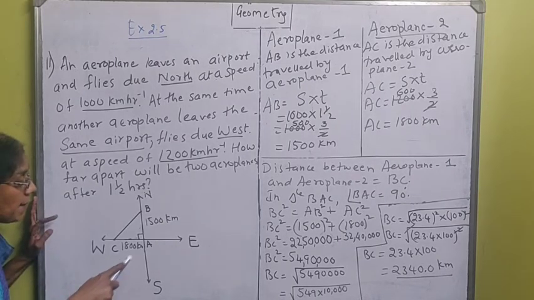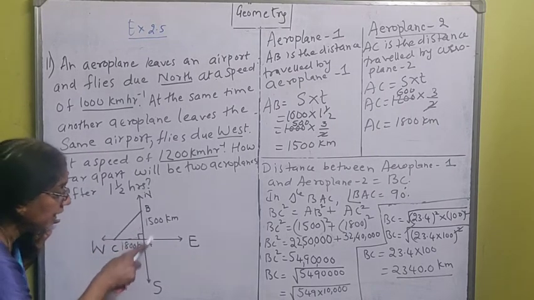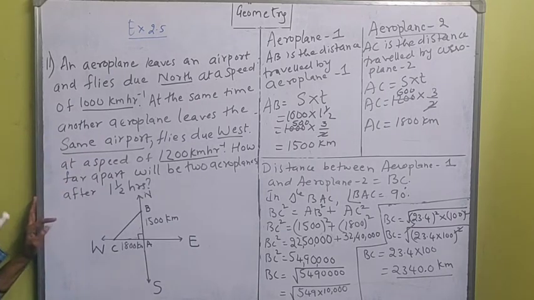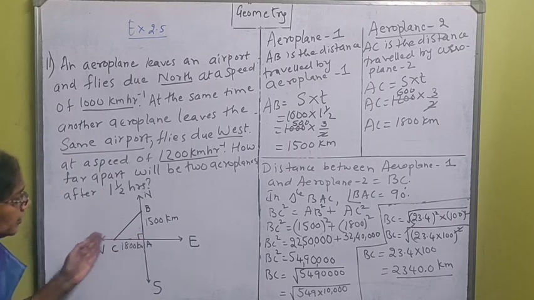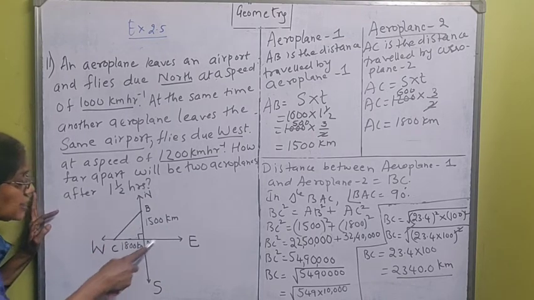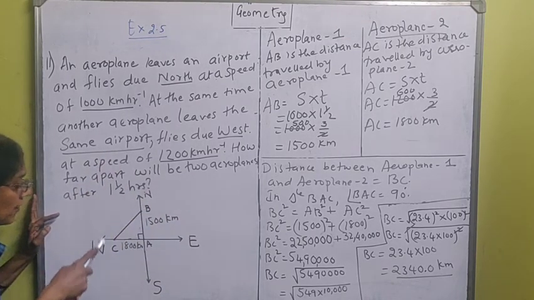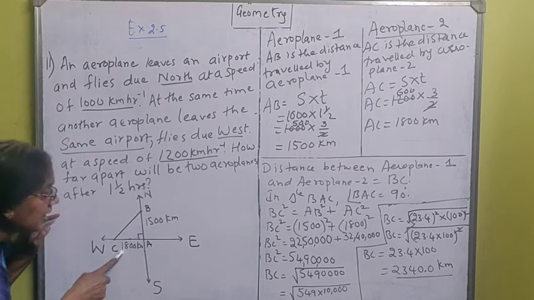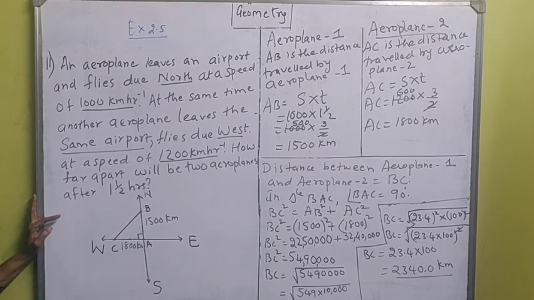At the same time, from the same airport A, one more aeroplane is flying. It flies due west. So this is the west direction. After 1.5 hours, it reaches point C. So AC is the distance travelled by aeroplane 2.